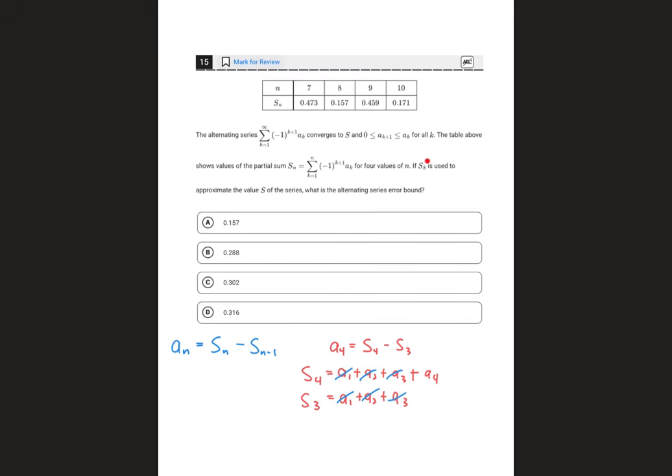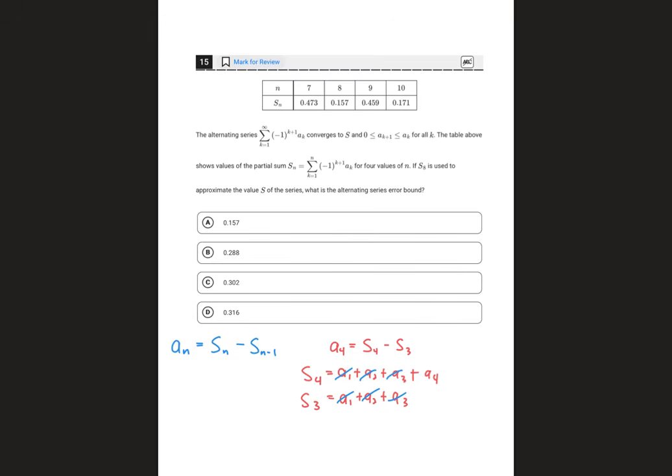And they say the 8th partial sum, S8, is used to approximate the value of the actual infinite sum. What's the alternating series error bound? Okay, so that means if we're using the first 8 terms to approximate the value of the infinite series, we're going to use the 9th term.